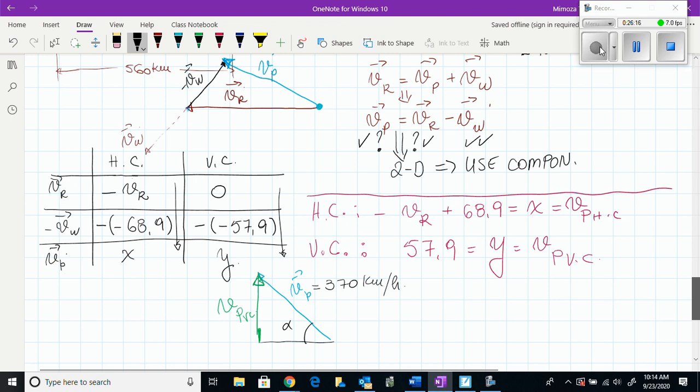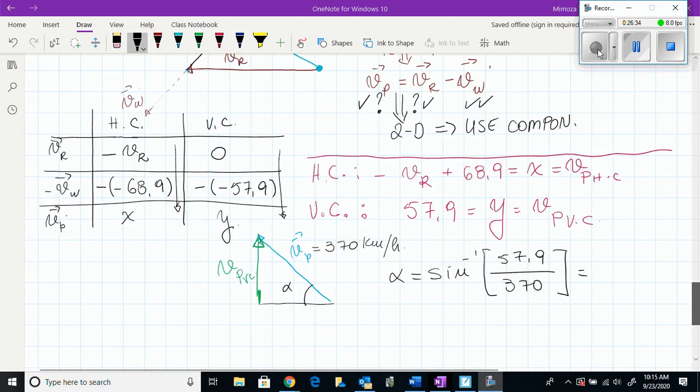So in order to find the angle alpha, we use inverse sine of 57.9 over 370. In your calculator, you will find that it is 9.0 degrees.